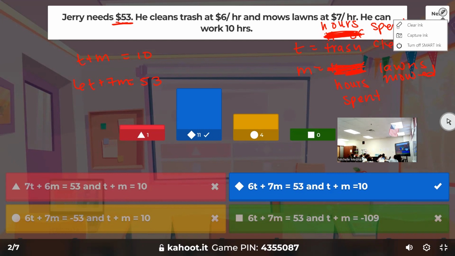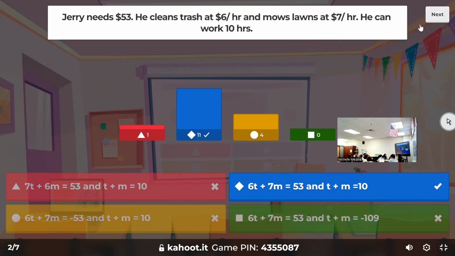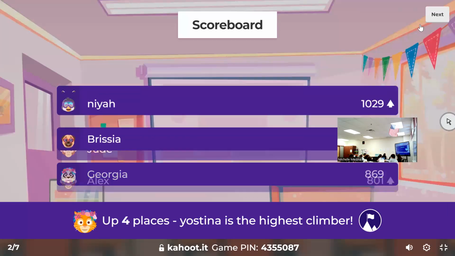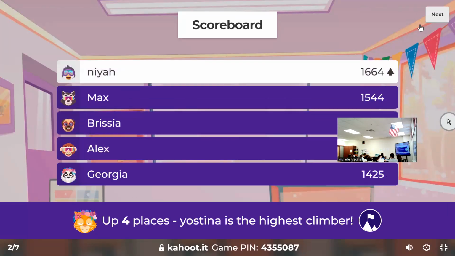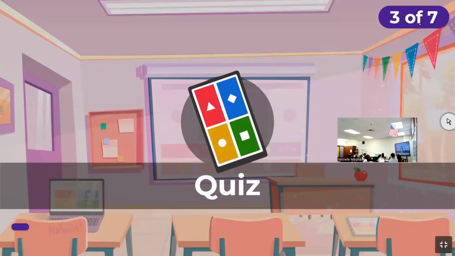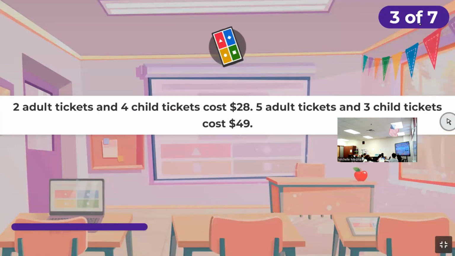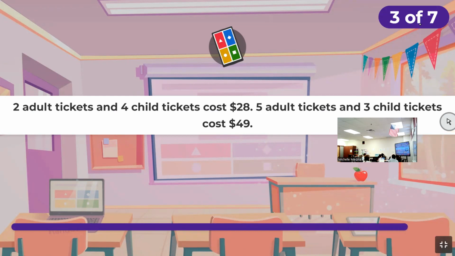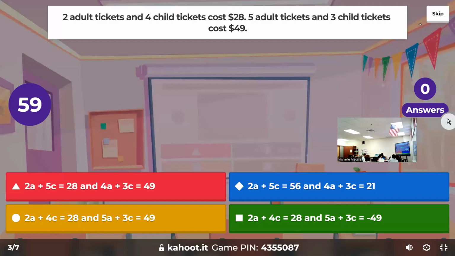All right, so then let's make that accuracy a bit better. So we have 2 adult tickets, 4 child tickets cost $28, 5 adult tickets, and 3 child tickets cost $49. Write a system so that we can figure out the cost.